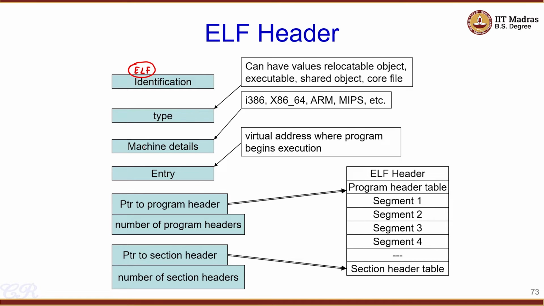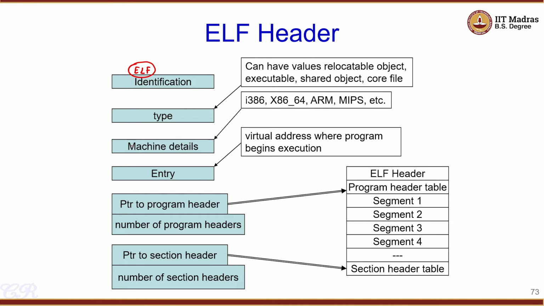The machine details tell you for what processor this particular ELF file is compiled. One thing to note is that each processor has a different instruction set architecture. So a program compiled for RISC-V would not work on ARM, and similarly a program compiled for ARM would not work on x86 and vice versa.